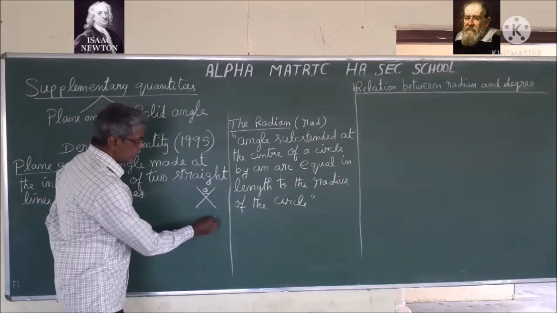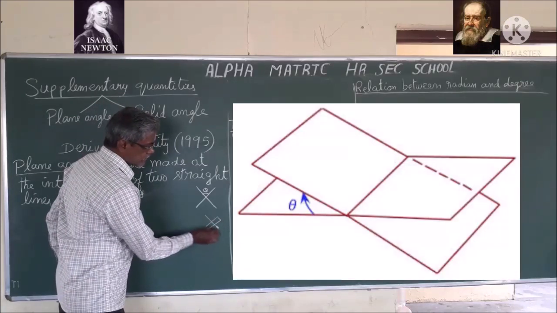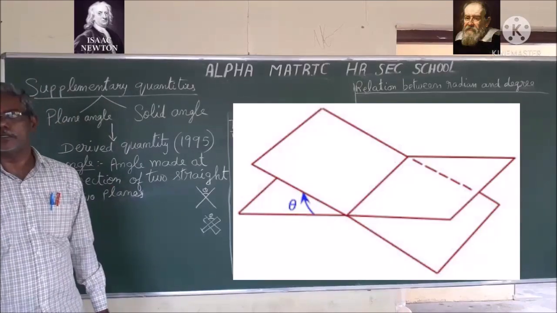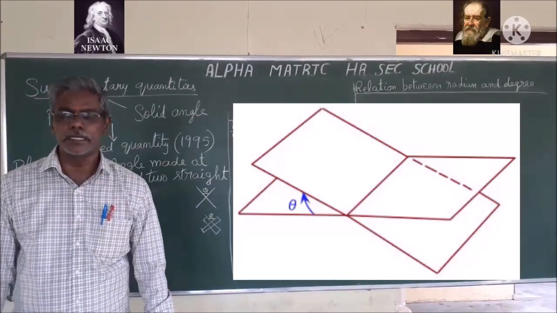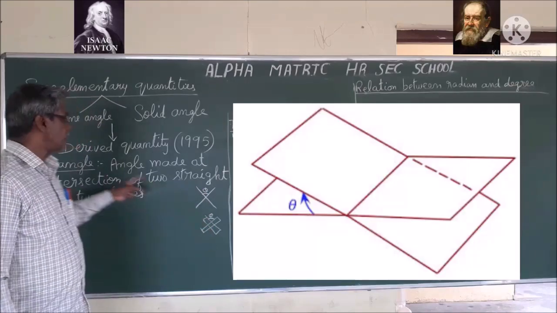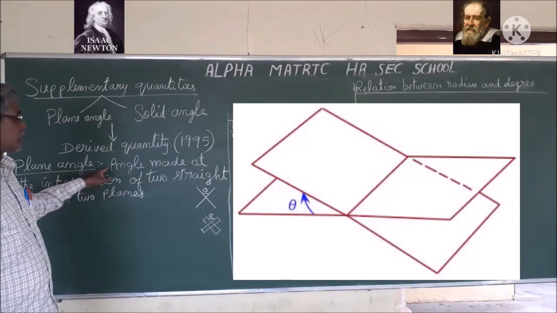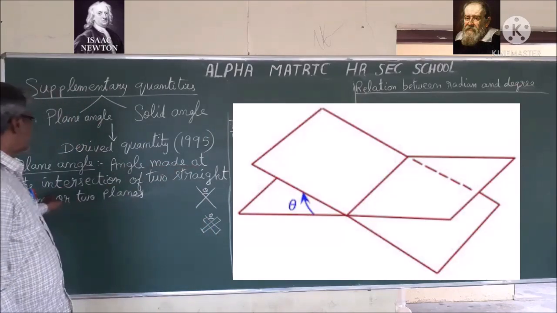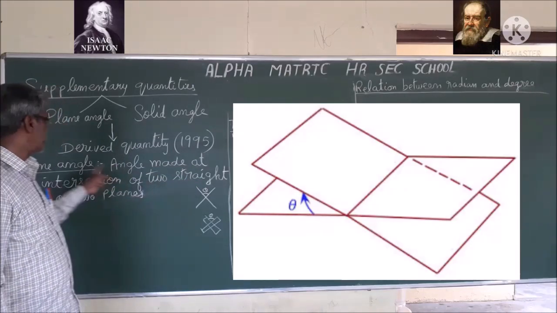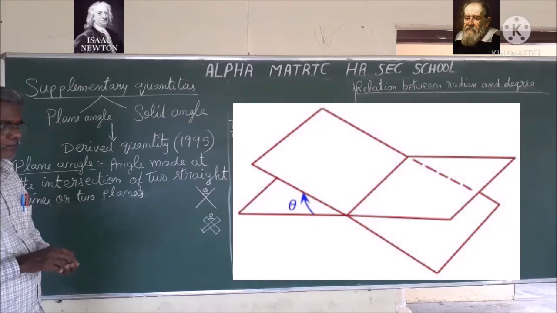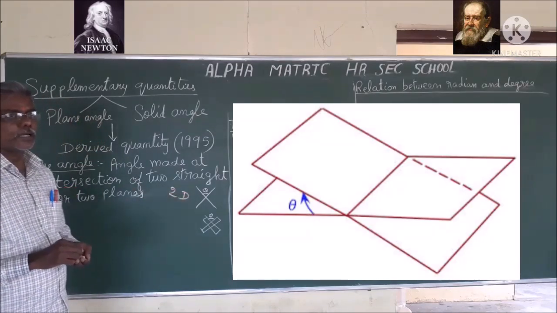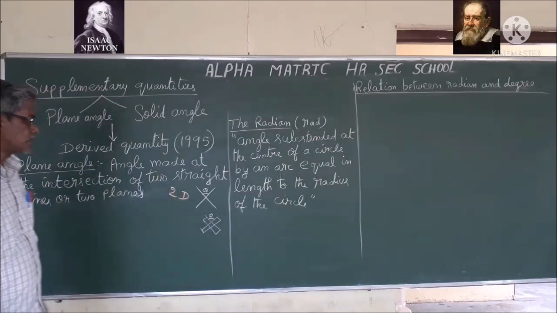Like that, we take two planes, which intersect and make an angle theta. This is called plane angle, that is the angle made at the intersection of two straight lines or planes. It is a two-dimensional figure.